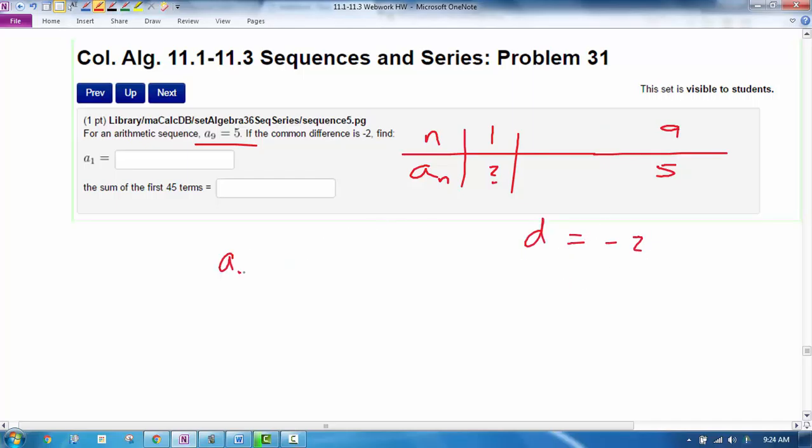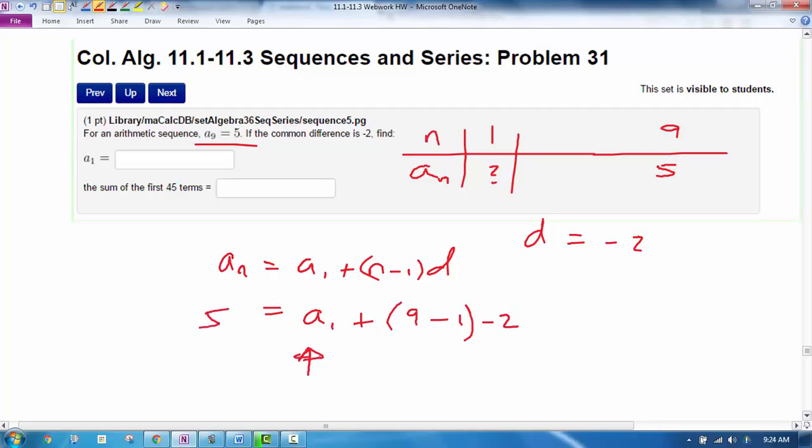Well, I'm going to use my formula, a sub 1 plus n minus 1 times the common difference, and I don't know my first term, but if I plug in 9 for n, the common difference is -2. I know I'm going to get 5, so I can plug in everything I know and solve for a sub 1. So that's 8 times -2, which is -16. Add 16 to both sides, it gives me 21 for a sub 1.